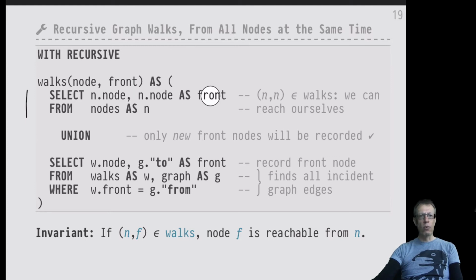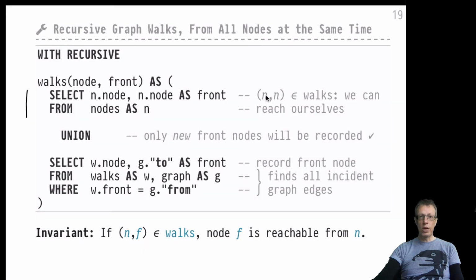How far we have walked so far? Well, 0 steps. So that would actually lead to these pairs n in walks. So every node can reach itself. That would be the seed or the start or the base case query Q0, as we've called it in our introduction to the recursion. All right.